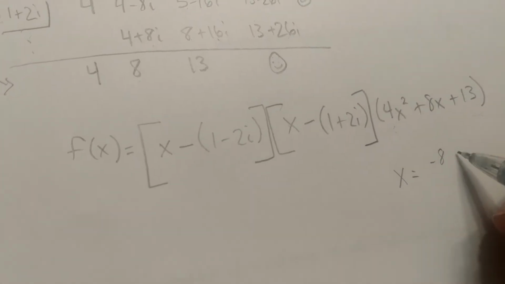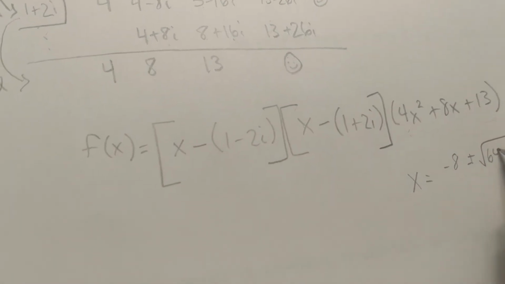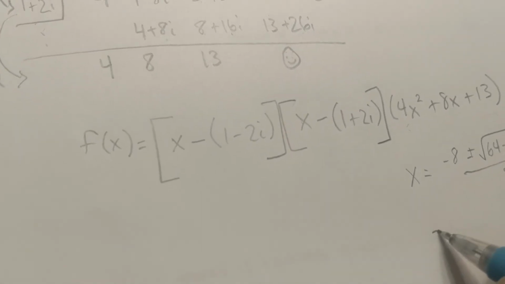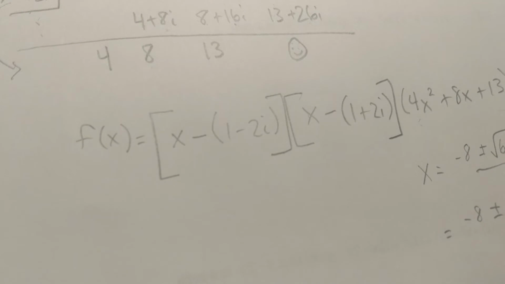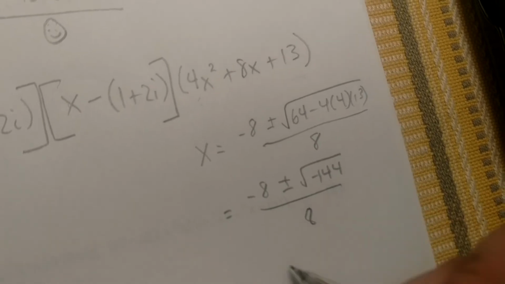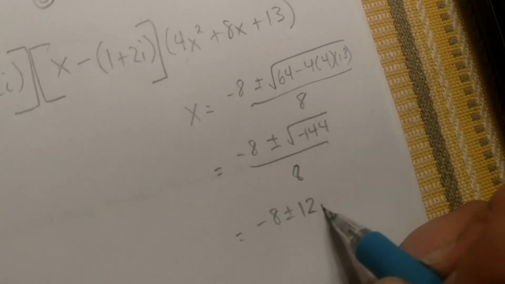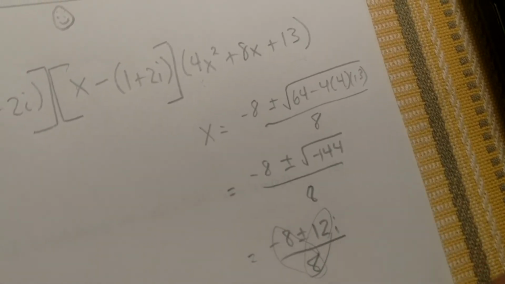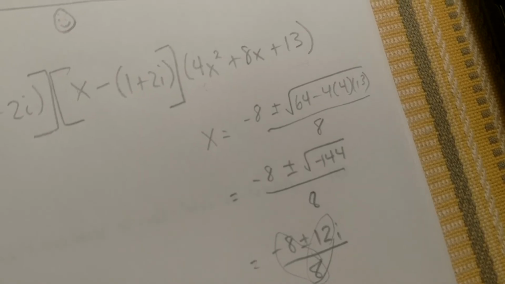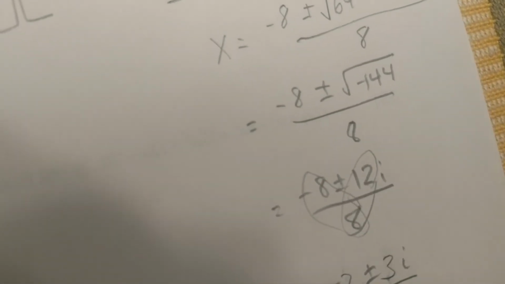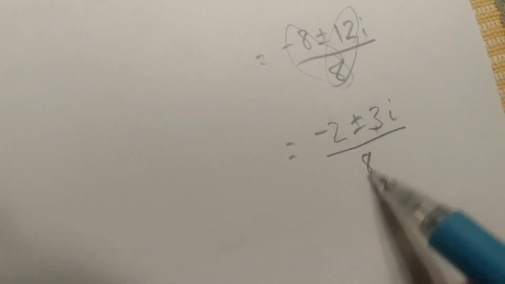So x equals the opposite of b plus or minus the square root of b squared minus 4ac all over 2a, which simplifies to the square root of negative 144, sorry, trying to do two things at once, divided by 8, which is negative 8 plus or minus 12i all over 8, which then simplifies to negative 2 plus or minus 3i all over 2. So these are my two other zeros.